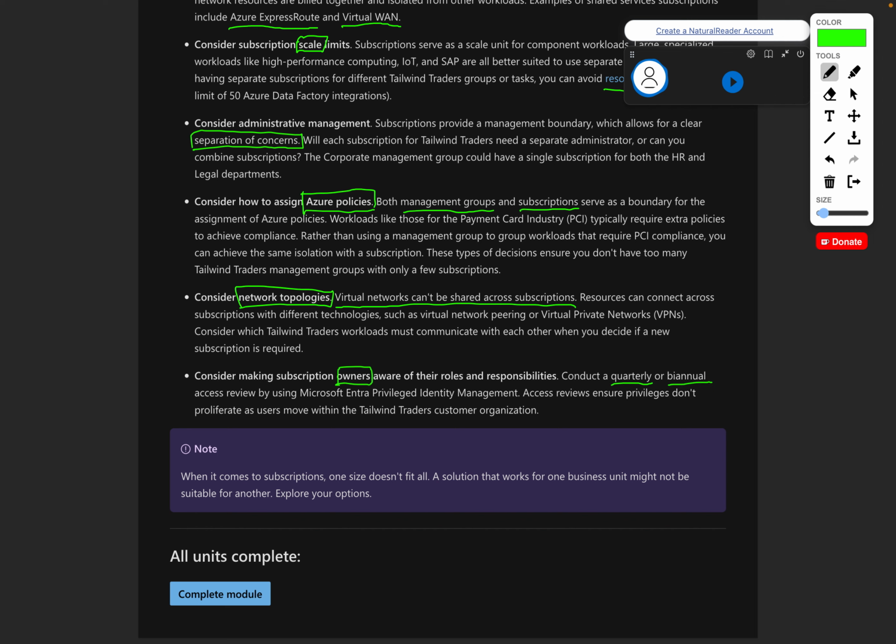That means each user will only have the access that he or she needs and nothing more.